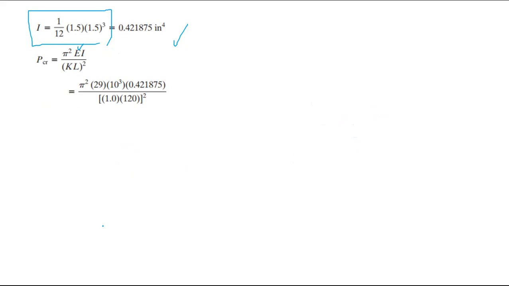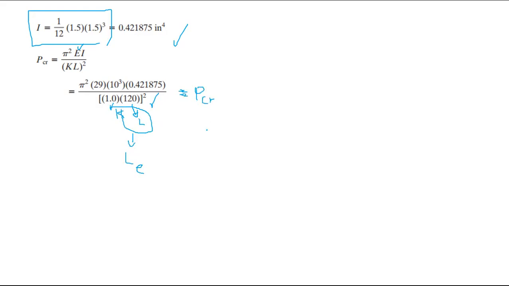One foot means 12 inches, so 12 times 10 is 120 inches, right? And k is 1, this is L, so k times L gives you the effective length LE. From this you can calculate the critical value.